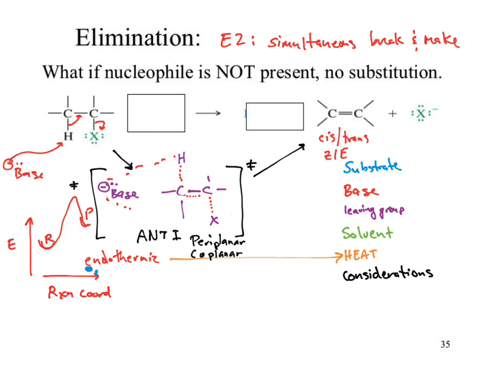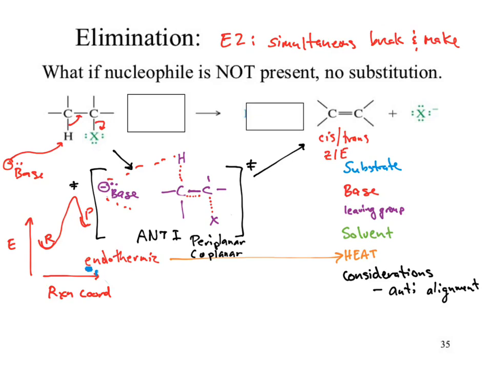Your leaving group and the hydrogen that's being removed must be anti to each other. Okay? So when we look at our considerations, we have to have this anti-alignment. And because the anti is the more important part, I would just write anti-alignment instead of dealing with the periplanar and coplanar stuff.